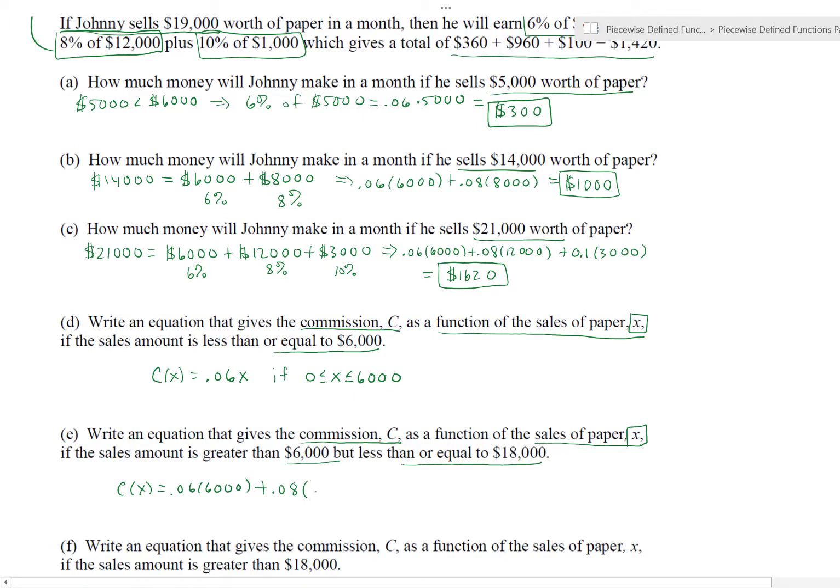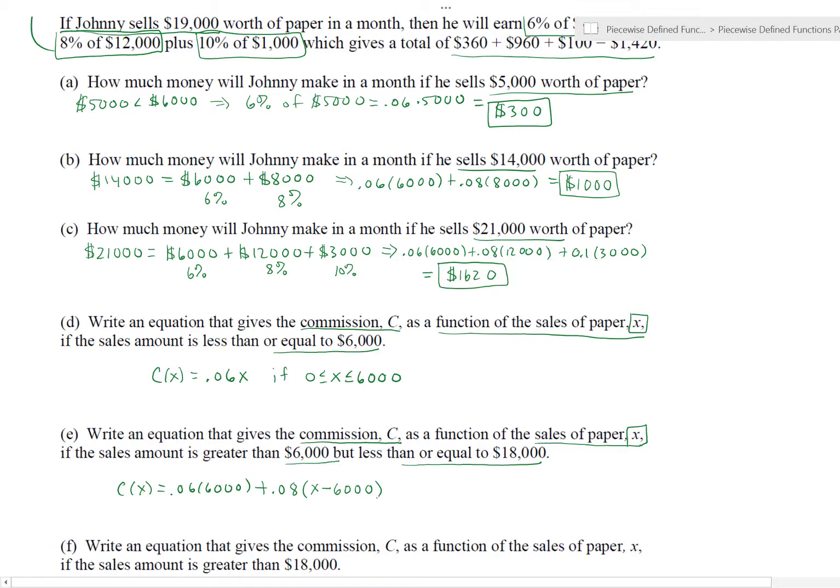So we have to say that he gets 8% on anything after the first 6,000. For instance, if he sold $6,001 worth of paper in one month, then only that $1 after the first 6,000 will be at 8%. If he sold $10,000 worth of paper, then only the 4,000 would be given at 8%.